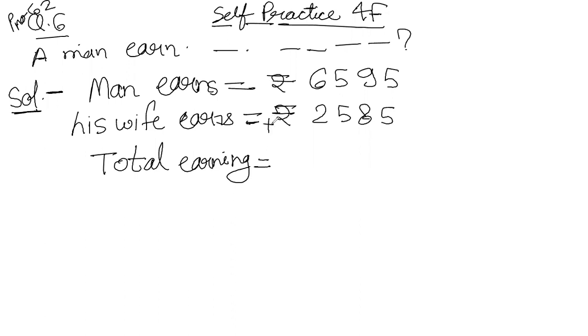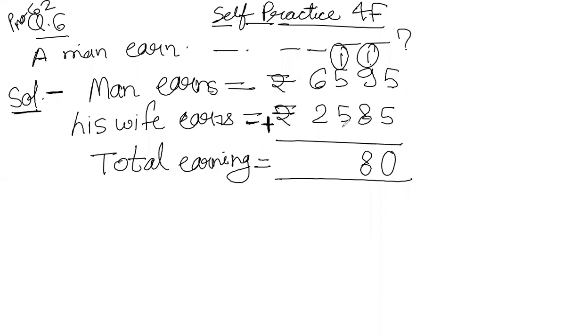To find the total, what we need to do? We need to add both the numbers. Always start addition from one's column. 5 plus 5 is 10. 1 carry forward. 1 plus 9 plus 8, 18. Again 1 carry forward.